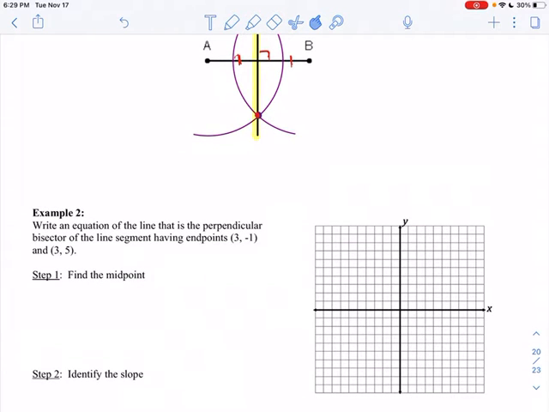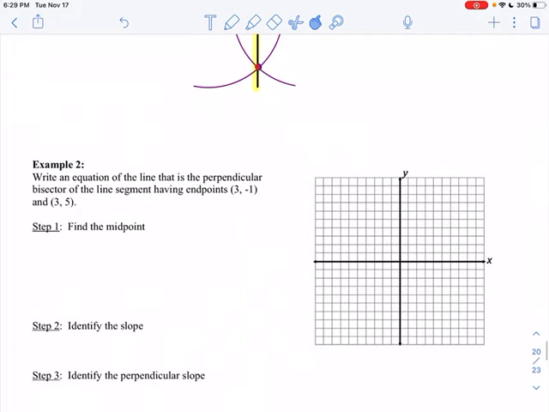Now technically for example 2, I don't need to do all the steps because I'm just talking about vertical and horizontal lines, but we will just go through those steps anyway. So here's what I have. Write the equation of a line that's the perpendicular bisector of the line segment having endpoints of (3, -1) and (3, 5). So I'm going to plot 1, 2, 3, -1 is right there, and 3, 5: 1, 2, 3, 4, 5.